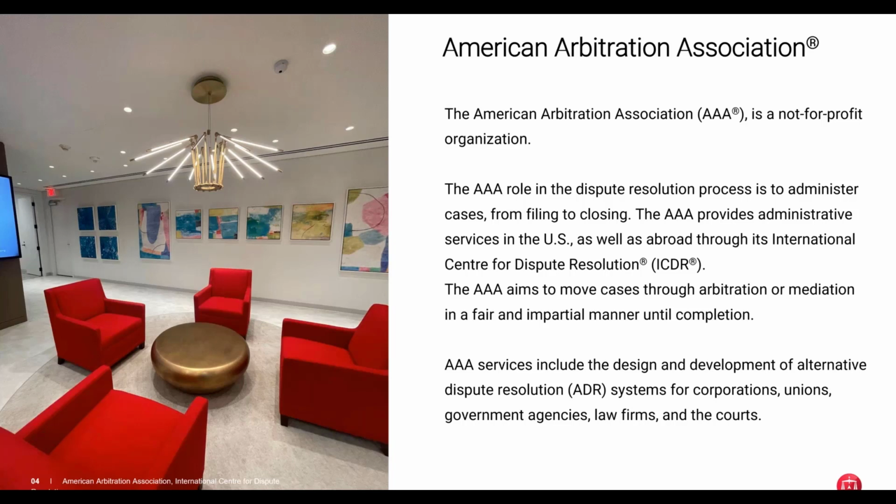For construction, the AAA has close to 1,400 arbitrators and mediators across the country, and through the International Center for Dispute Resolution, or ICDR, around the world. The construction roster is made up of not only experienced lawyers, construction lawyers that is, but also industry professionals such as architects, engineers, project executives, and others.